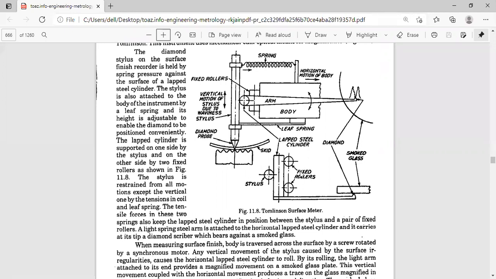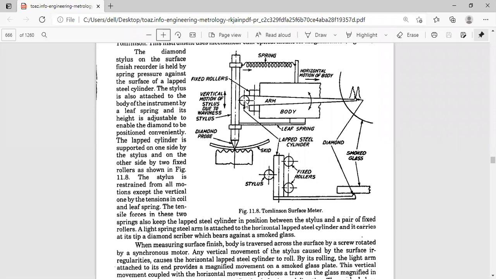That is also a very important function of the tensile forces in the coil spring and the leaf spring.